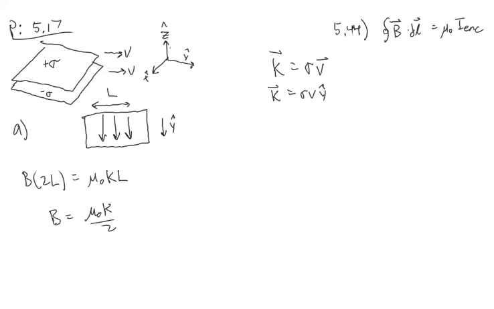Now that is the magnetic field from one of these plates. And so what we're going to have to consider now is the fact that we have two plates, one with a current in the positive y direction, one with the current in the negative y direction.